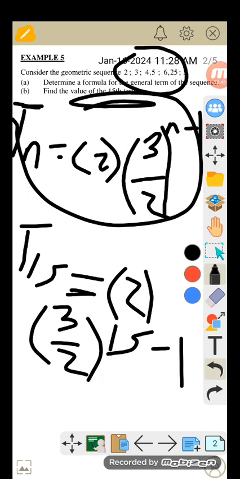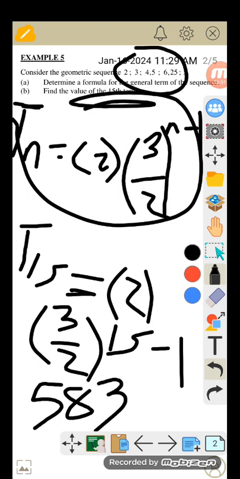So my answer here is 583.86. I just rounded off my calculator answer to 2 decimal places. But remember, in the exams, if they say round off to 2 decimal places, you round off to 2 decimal places. If they say round off to 3 decimal places, you round off to 3 decimal places. It means that they want 3 numbers after the comma.